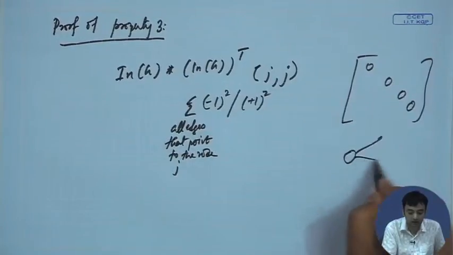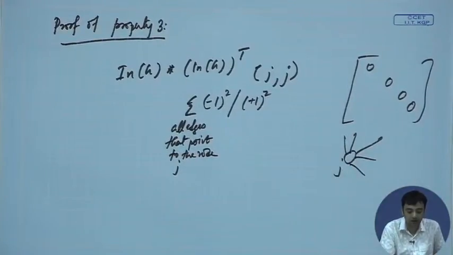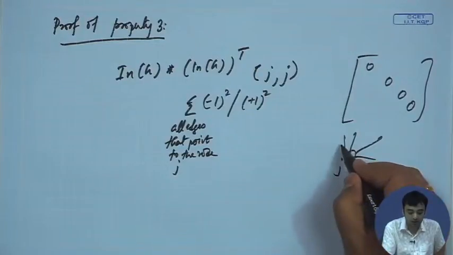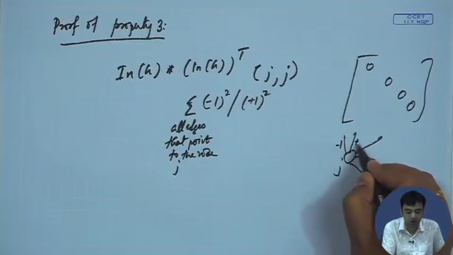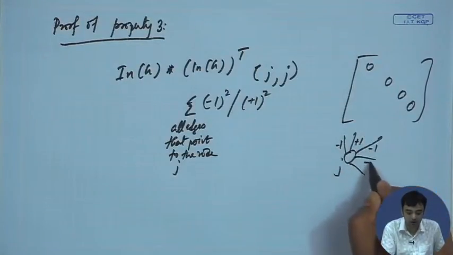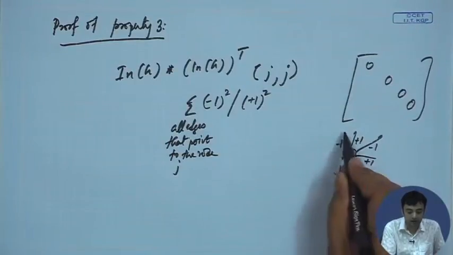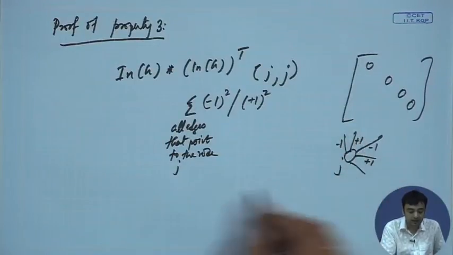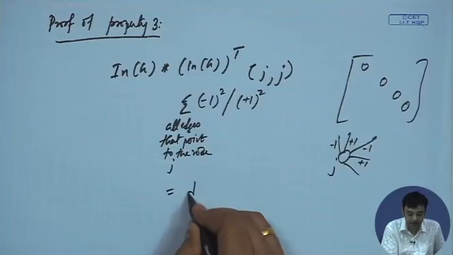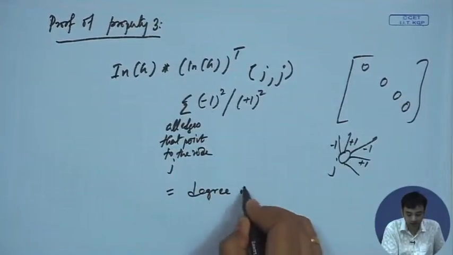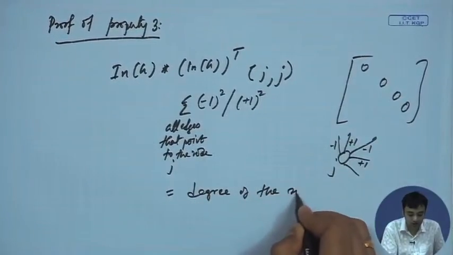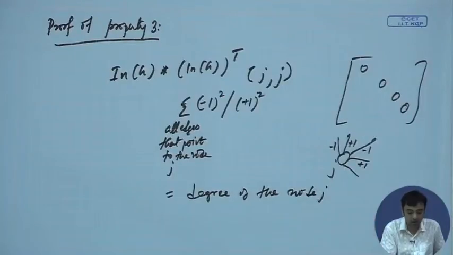So, what are all the edges that point to node j? If you have this node j, each comes with -1 or +1, and now you are taking a square of this. So, basically that gives you nothing but the degree of the node j. So, you have shown half of it.